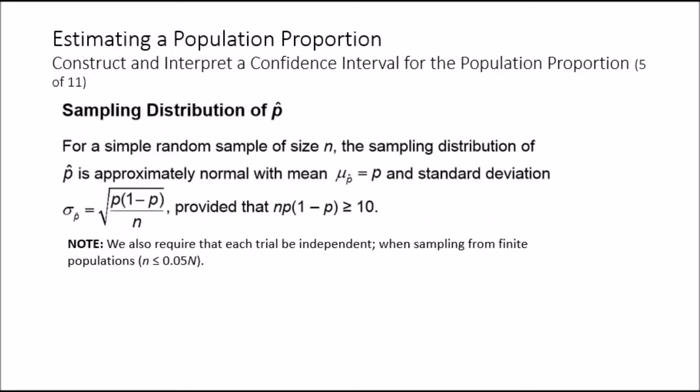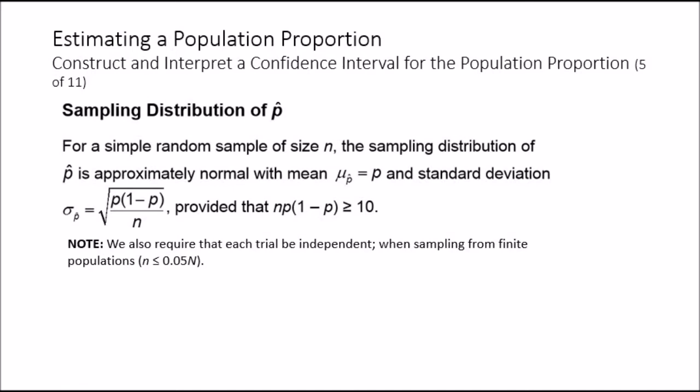The more spread there is in the population, the wider our interval will be for a given level of confidence. From the sampling distribution of the sample proportion, which we studied last week, for a simple random sample of size n, the sampling distribution of the sample proportion is approximately normal, with a mean equal to the population proportion and a standard deviation equal to the square root of p times (1 minus p) divided by n, provided that n times p times (1 minus p) is greater than or equal to 10, to make sure that the distribution is actually normal.